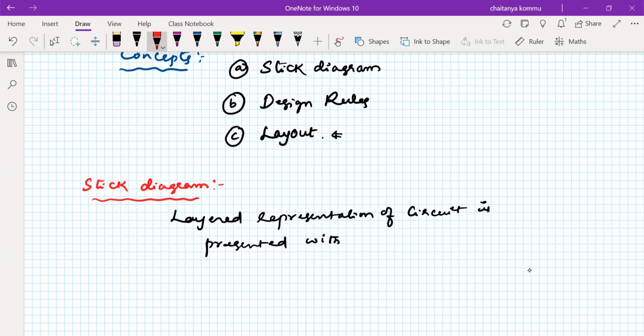So very important, color codes that we have to use.